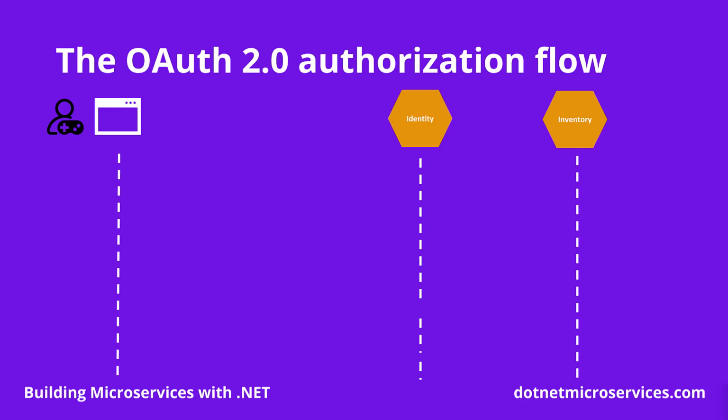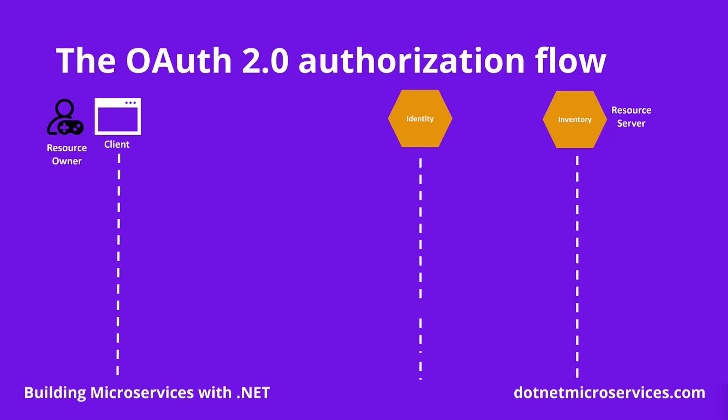Let's first understand which are the participants in an OAuth 2 authorization flow. The resource owner is the person or entity that owns a resource, like John in our case, who owns his inventory back. The resource server is the server or service that hosts the protected resources owned by the resource owner. An example here is our inventory microservice, which owns the database that contains the inventory items.